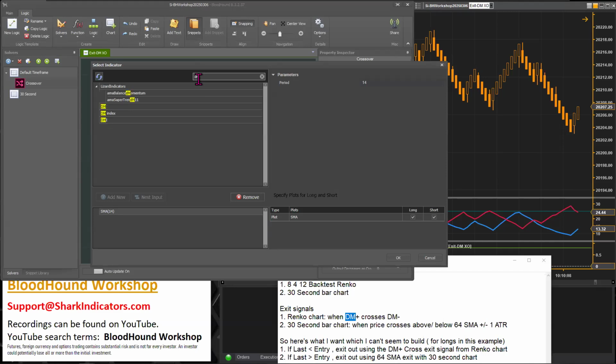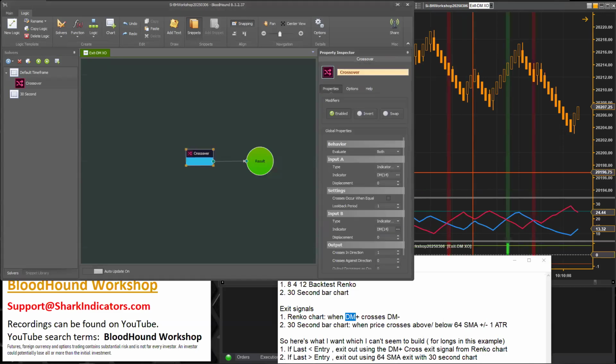Look for the DM indicator, select it there. Of course, I'm just using the standard, whatever the default period is here. So obviously make sure to adjust your DM period if you're using something different. And then next, we're going to select the minus DI plot here, both of them. Right, and there we go.